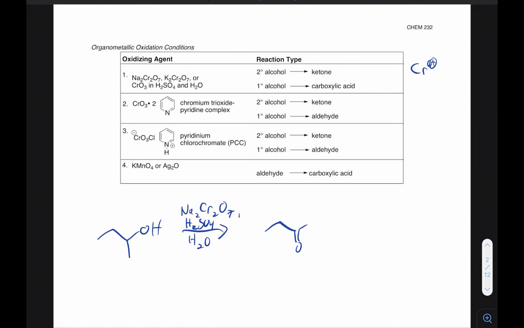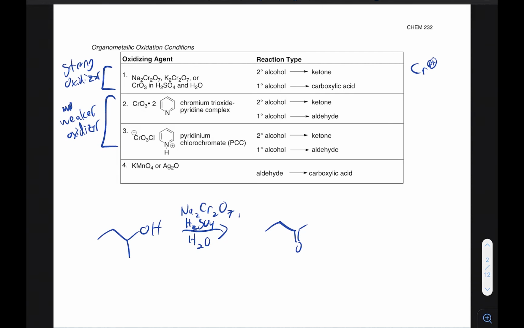For these other compounds, this first one here is a strong oxidizer. These other ones down below are weaker oxidizing reagents. 2 and 3 are virtually the same. They're, quote unquote, weaker. I wouldn't say they're milder, these are hazardous reagents, but they are weaker.